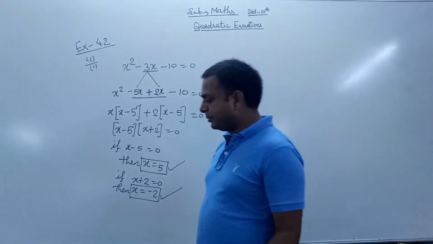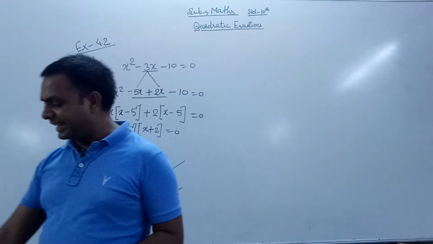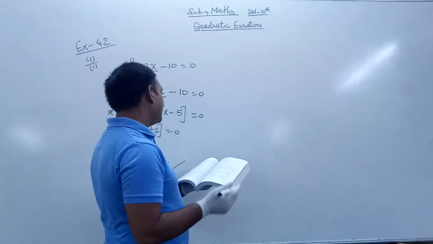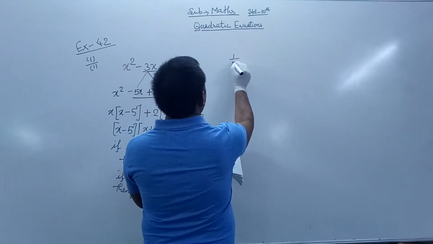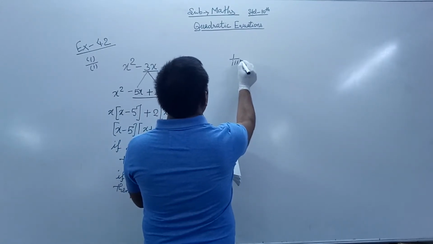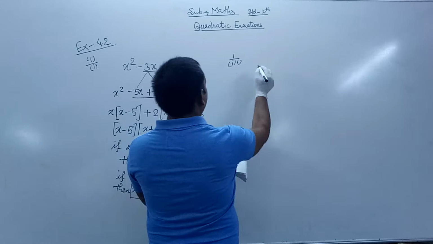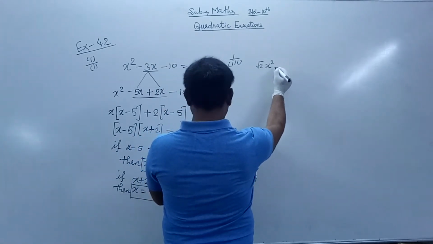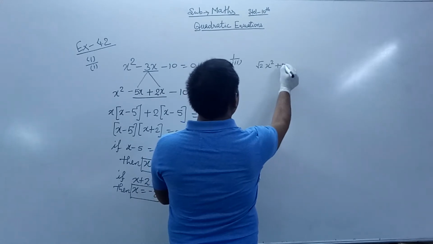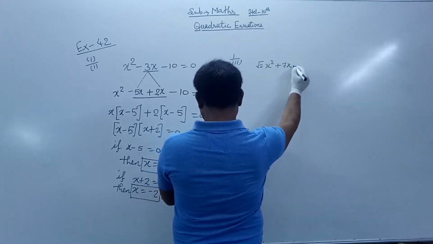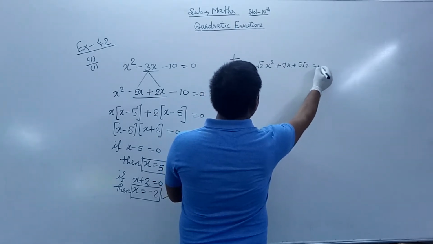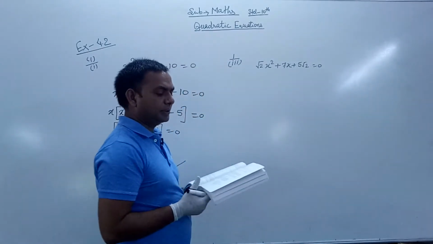So we are going to solve the next problem related to this method, the third question. You see, root 2 x square plus 7x plus 5 root 2 is equal to 0.